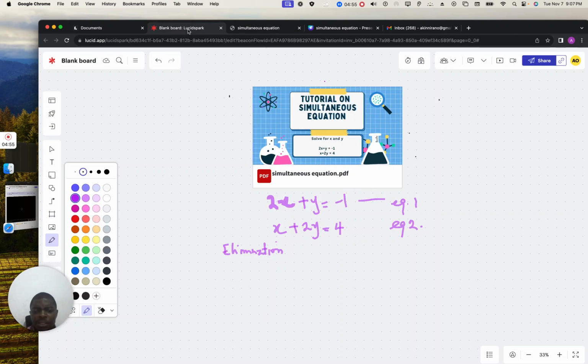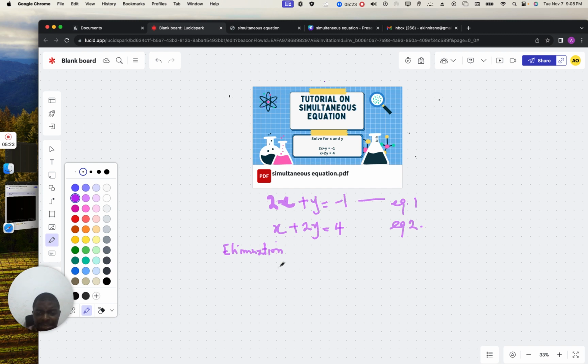If you're using the elimination method, what you need to take note of is the coefficient closer to your equal sign. The two equations must have the same coefficient, which means the same value. For you to have that, you must multiply each equation by a certain factor that is common to both of them.